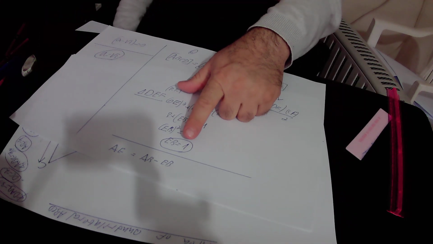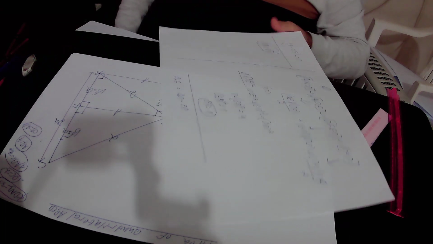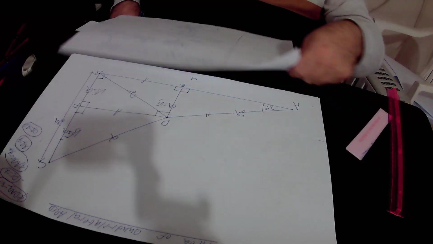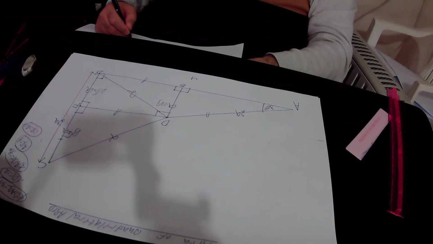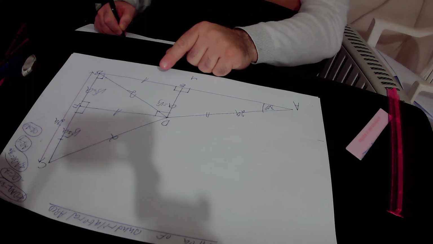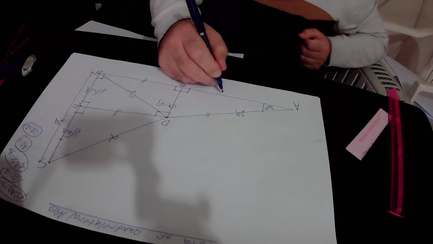AE equals AB minus EB. AB is 4 units and EB is 1, so AE equals 4 minus 1, which is 3. So we found out that AE equals 3 units.